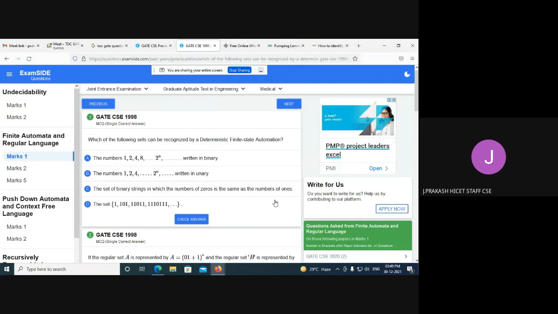Which of the following sets can be recognized by a deterministic finite automaton? What is deterministic? One input will travel to only one state, and second thing, epsilon transition is not possible. So could you check it?